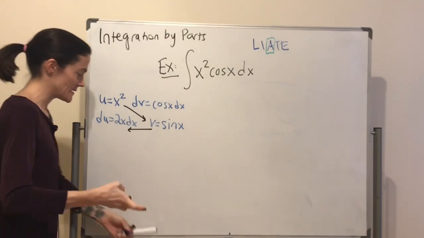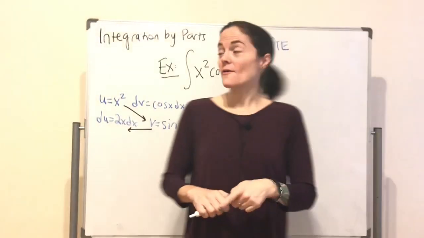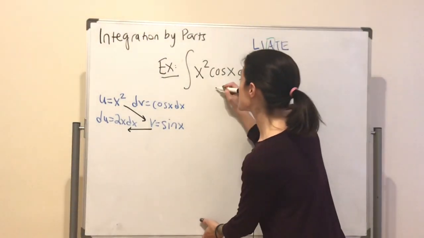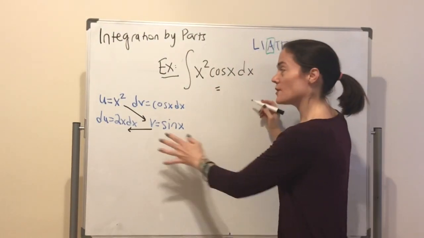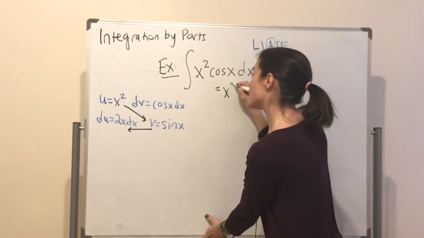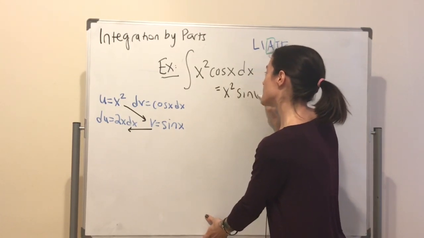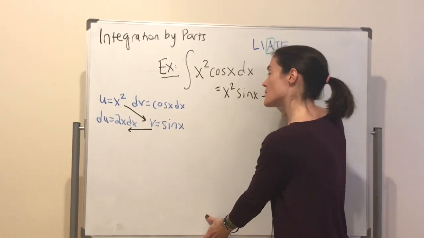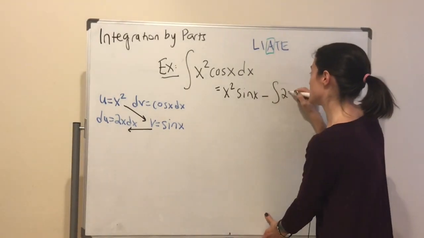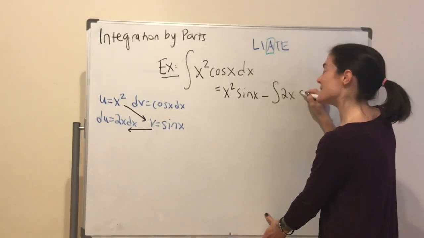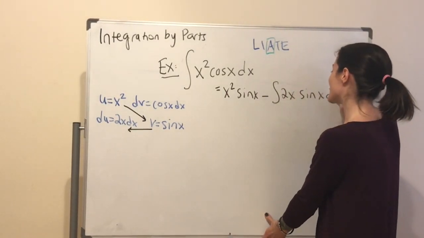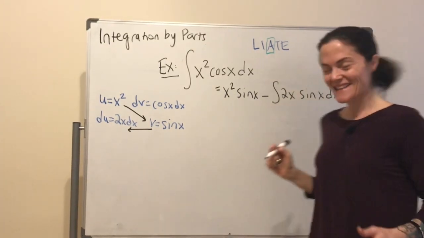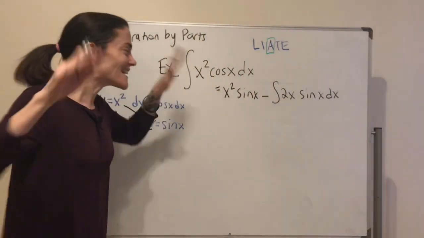Okay, here we go. So this integral is, well, it's x squared sine x minus the integral of 2x sine x dx. Oops, almost forgot my x. 2x sine x dx.